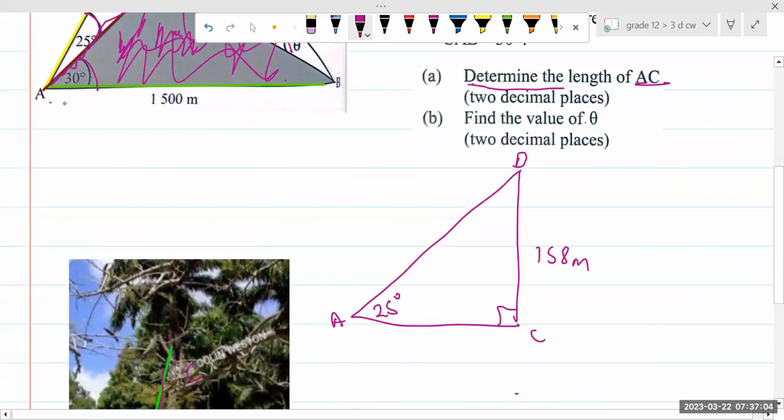The other triangle that we have is triangle ACB. So that one is on the horizontal plane. So the different color for that one.